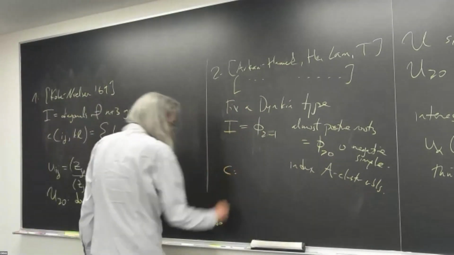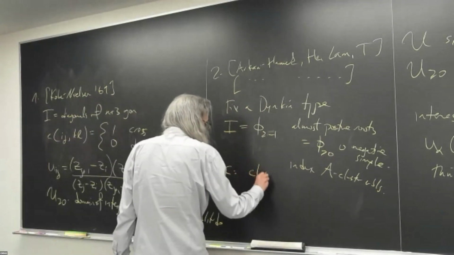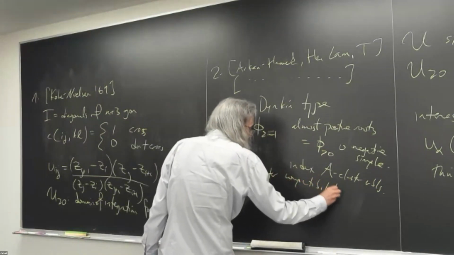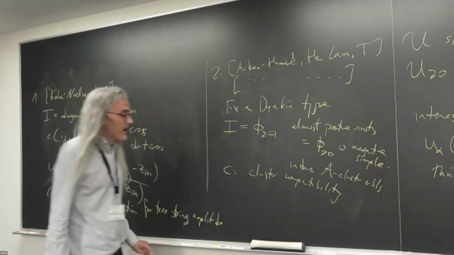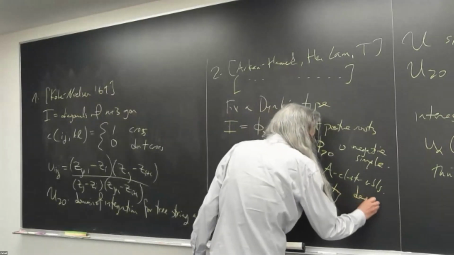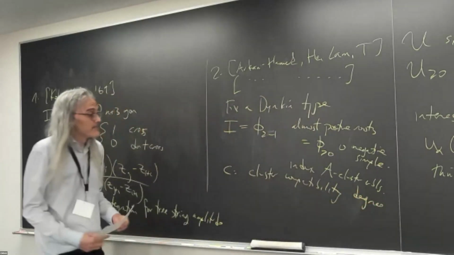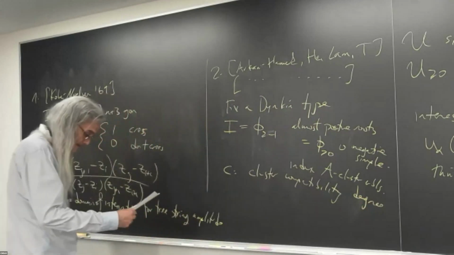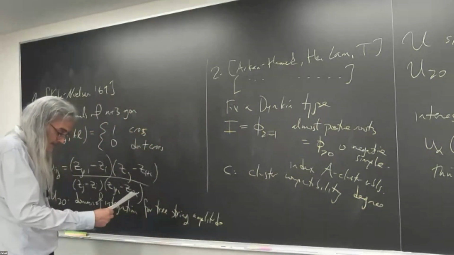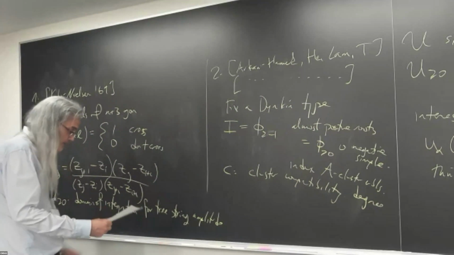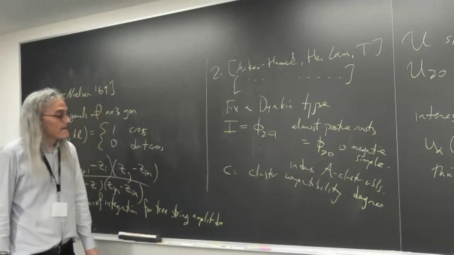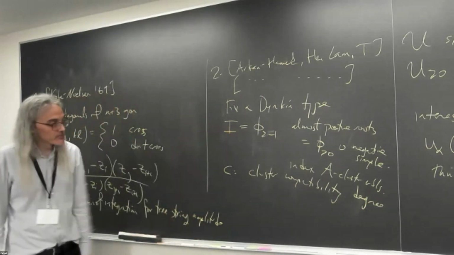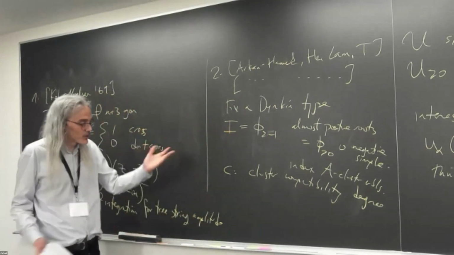The compatibility degree is going to be just the usual cluster compatibility. In particular, this isn't going to be symmetric if I'm in a non-simply laced type. That's fine. So again, this is a very classic cluster algebra, finite type cluster algebra story.